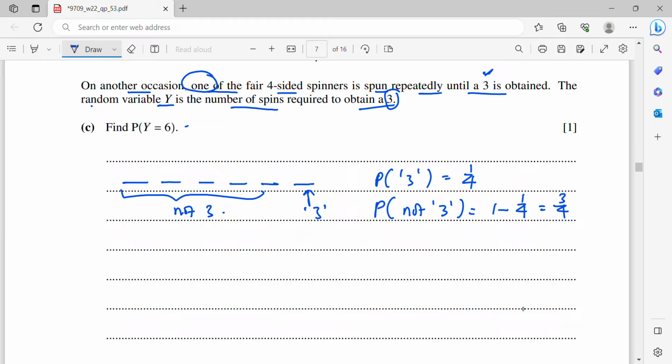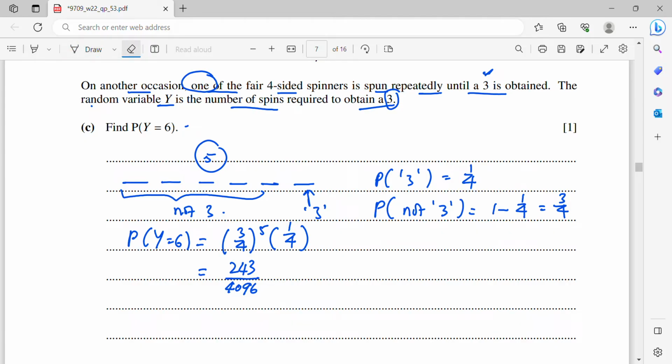So since it is geometric, P(Y=6) equals, I have 5 here. There are 5 not 3, so it will be (3 over 4) to the power 5 multiplied by the last one is a 3 and the probability is 1 over 4. So from here you will get 243 over 4096. So that's the solution of this question.